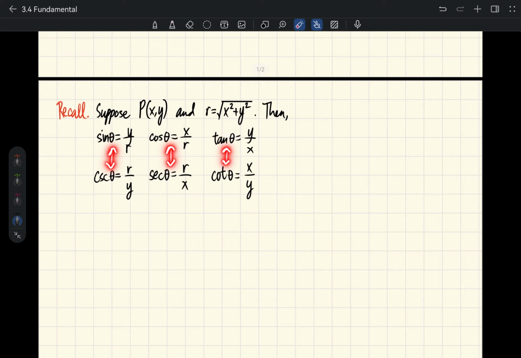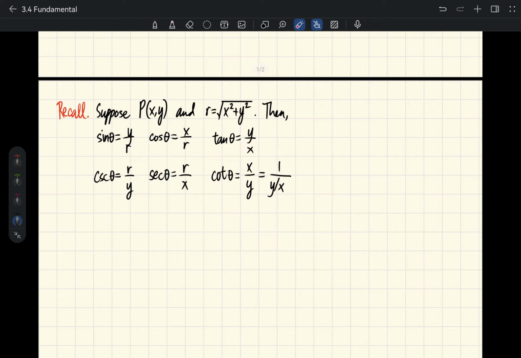So first, let's draw the relationship between these three right here. You might be thinking why I wrote from right to left in the second row. That's because one can observe that cotangent theta, which is x over y, is just the reciprocal of y over x.